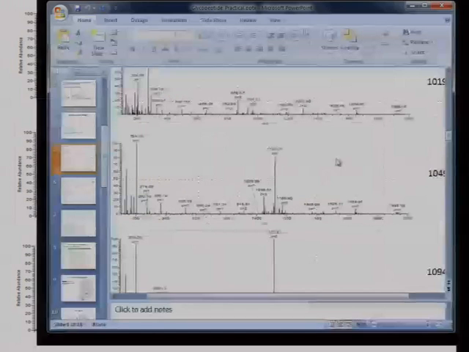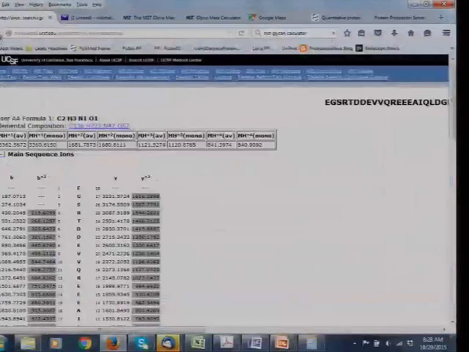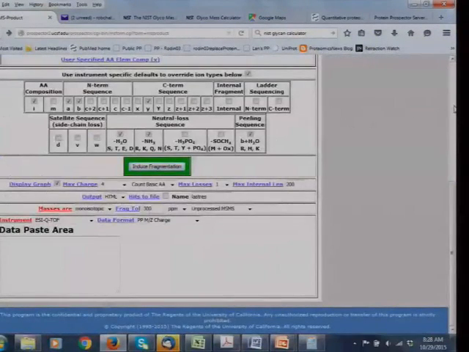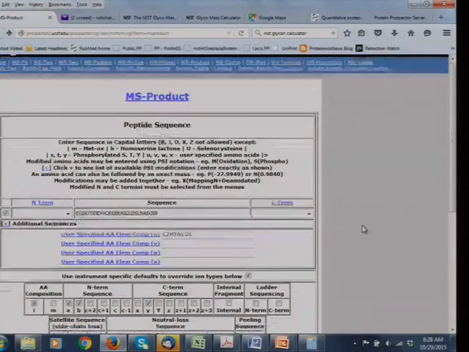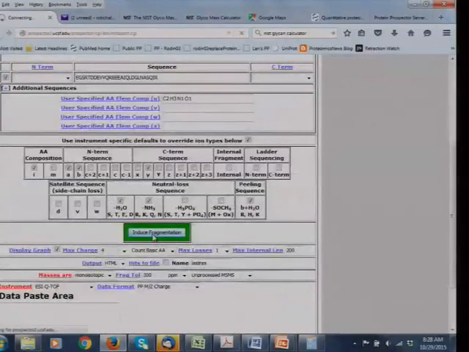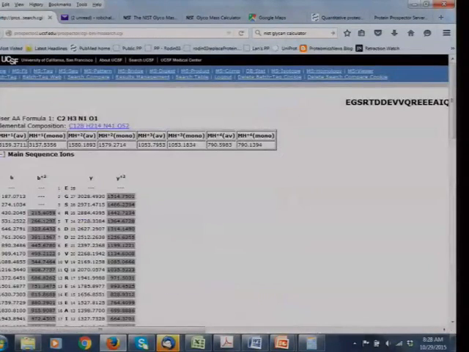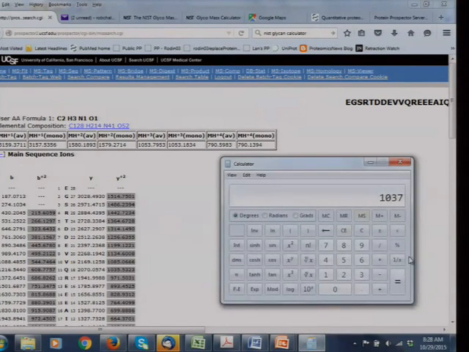So let's get rid of all the modifications. The mass of the peptide component on its own is whatever this tells me. So the mass of the peptide on its own is 3,157. Our peptide in total was 1049.25, wasn't it?